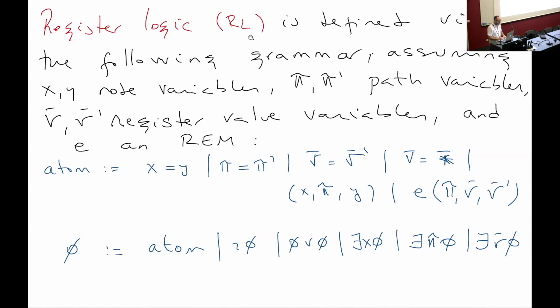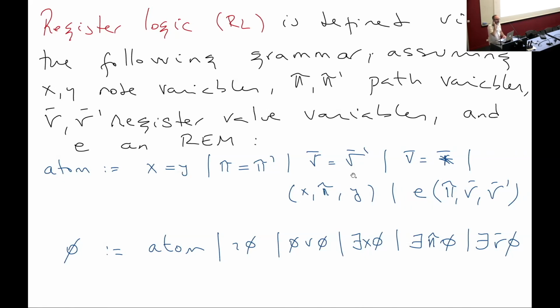What is in this register logic, which I find appealing because it's simple to define and it has decent complexity? Not really practical from a theoretical point of view, but I think it's a cute language. You can say that two variables are the same. You can say that two data paths are the same. You can say that two register values are the same.